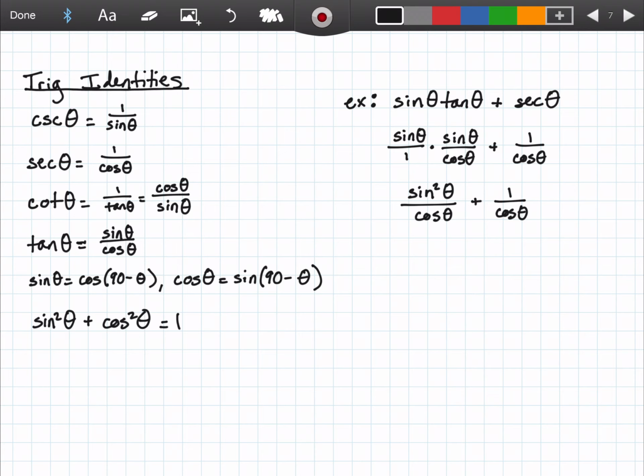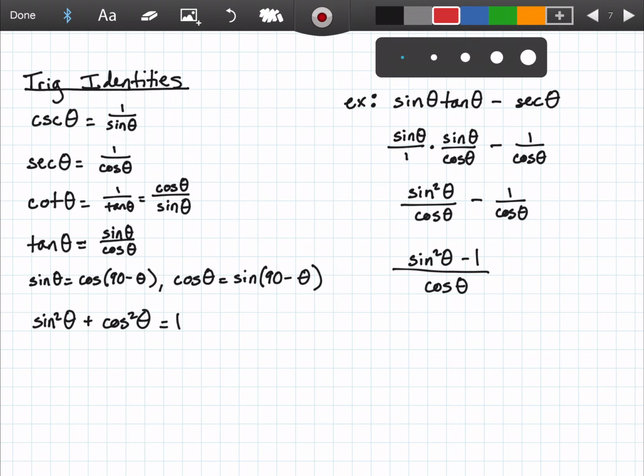I'm actually going to make this a subtraction, and you'll see why. So now these have a common denominator, so I can actually go sine squared theta minus 1 over cosine theta. Sine squared theta minus 1. I should have a big red flag if I see a squared identity in 1.